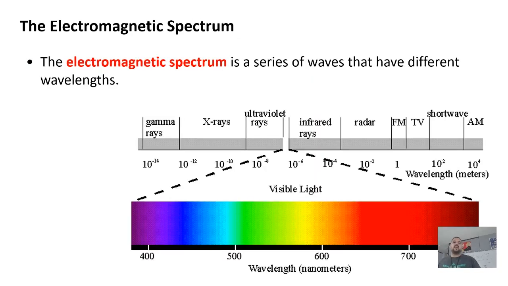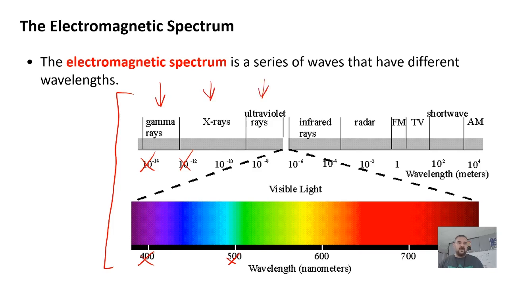All right, so next we have the EM spectrum. You don't need to write the electromagnetic spectrum as a series of waves that have different wavelengths. What I want you to do, though, is write this whole thing out. I don't need your numbers, so you don't have to write any of the numbers. What I want to see are all these parts of the spectrum, so gamma, X-ray, ultraviolet.